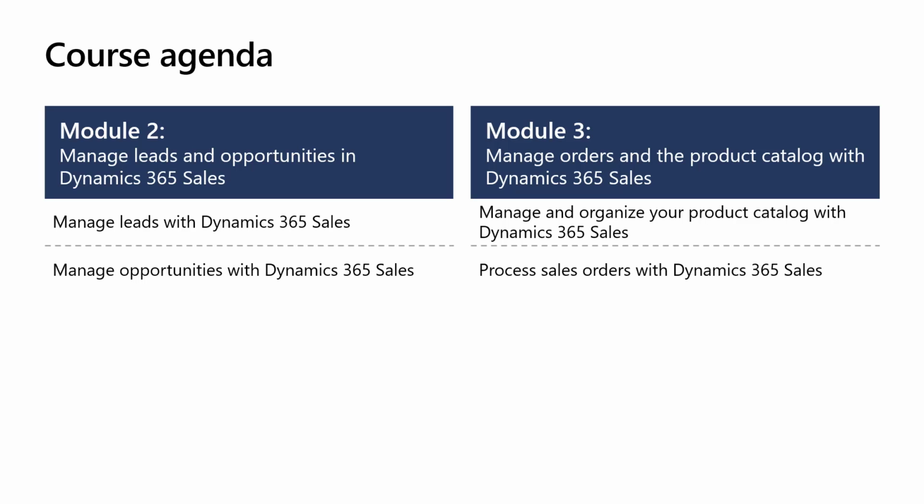They would associate these products to opportunities, and once associated, create quotes in sales orders and invoices using the same. So we would be exploring all these aspects in module 3.